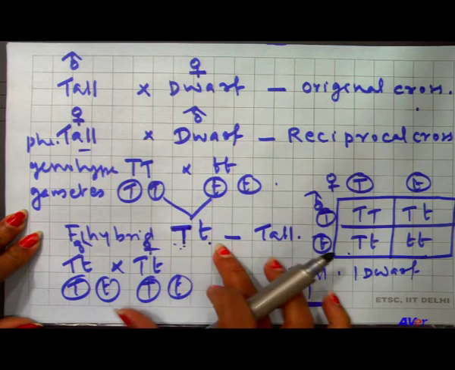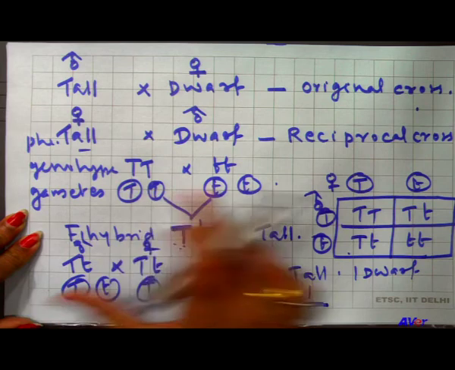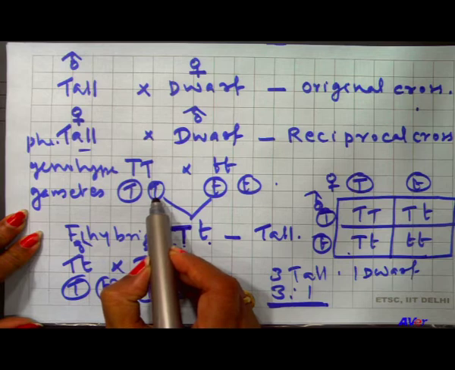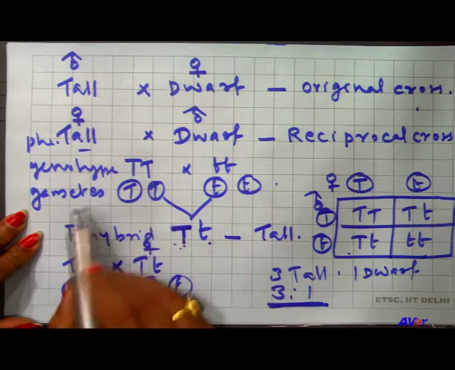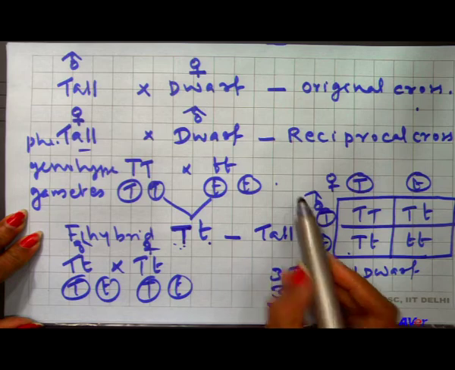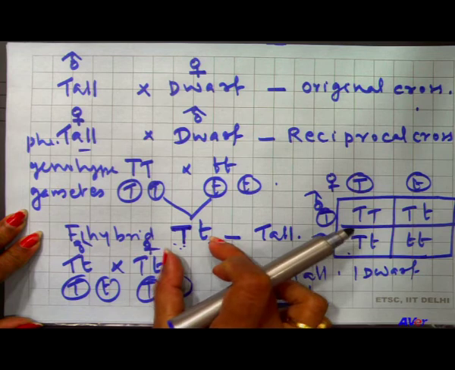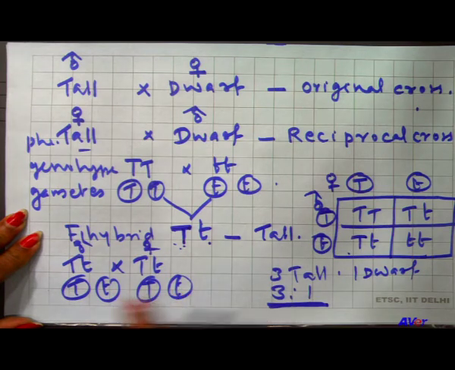During gamete formation, you can see clearly that the allelic pairs will separate, they are segregating and moving to two different types of gametes. And you can see that in a particular gamete there is only one allele of a particular trait. Not both the alleles go together into one gamete.